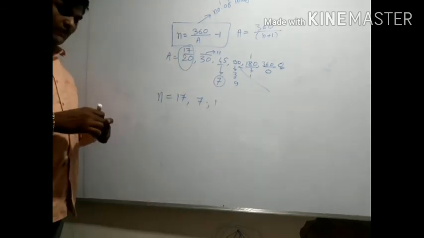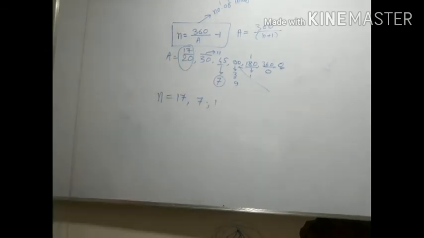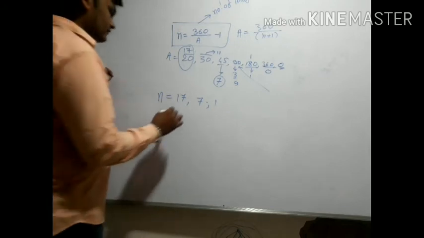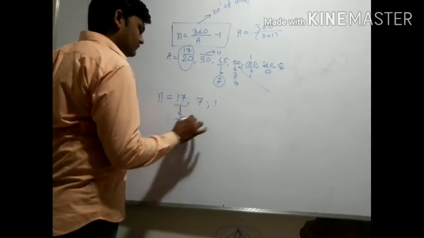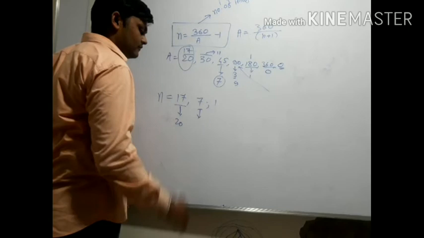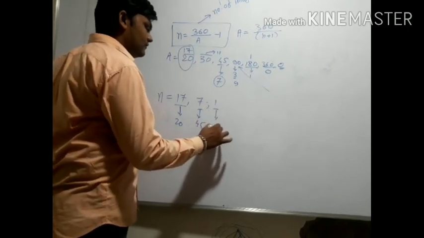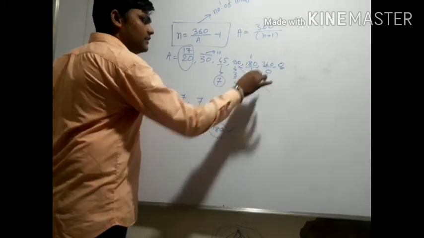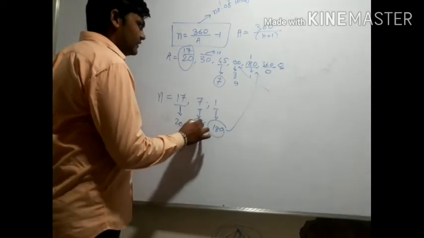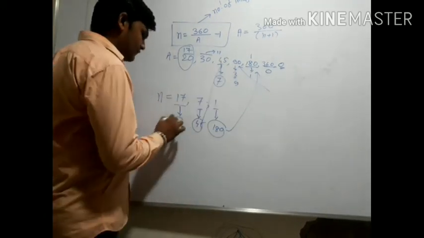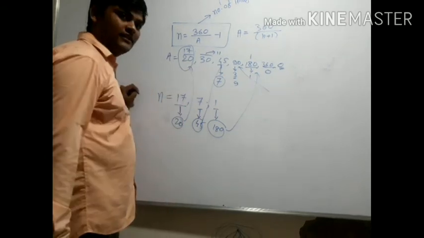You have to tell: 17 is 20 degrees in angle, for 7 it is 45 degrees, and for 1 it is 180. See, is it correct? Yes.